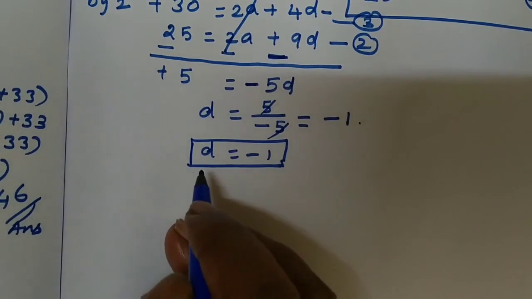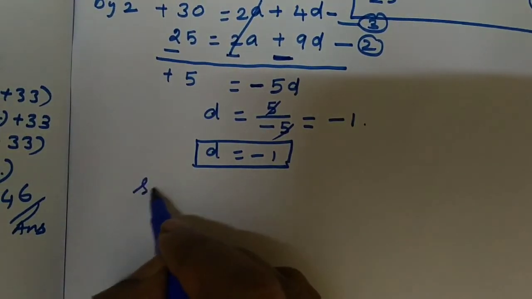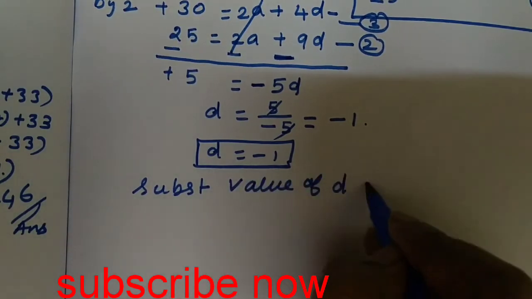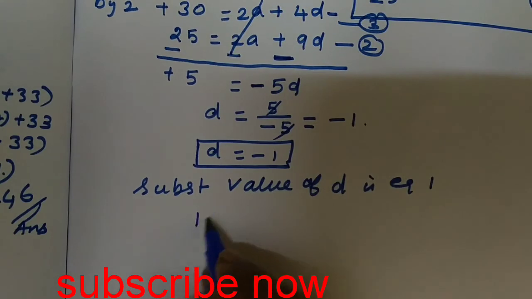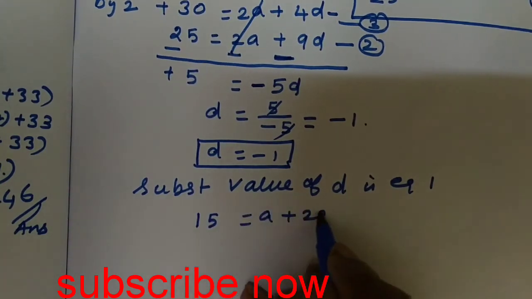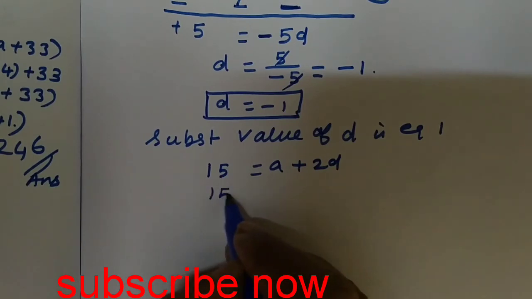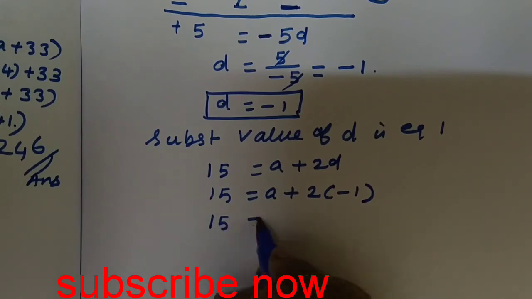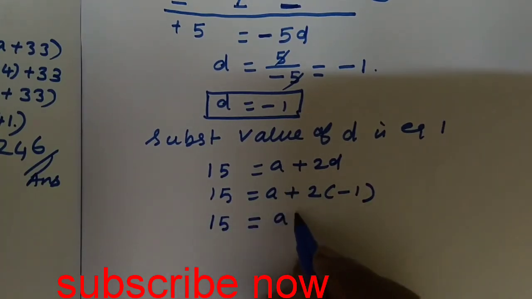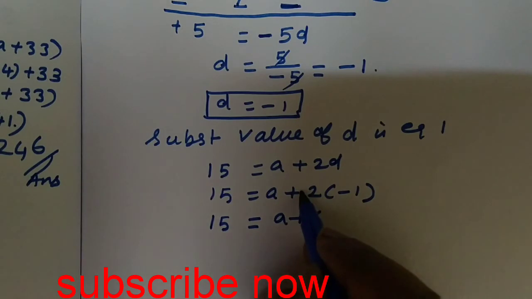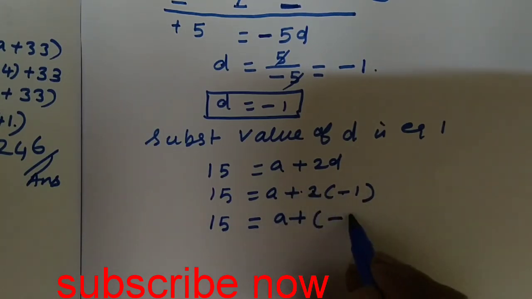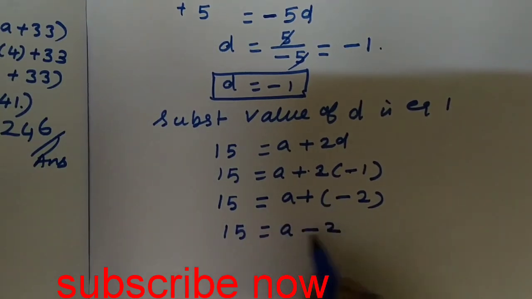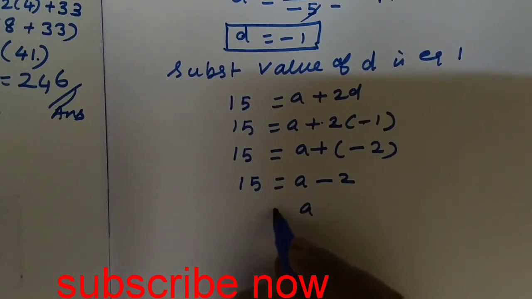Substituting the value of d in equation 1. 15 is equal to a plus 2d. 15 equals a plus 2 into d is minus 1. 15 is equal to a plus 2 into minus 1, that is a minus 2. a is equal to 15.